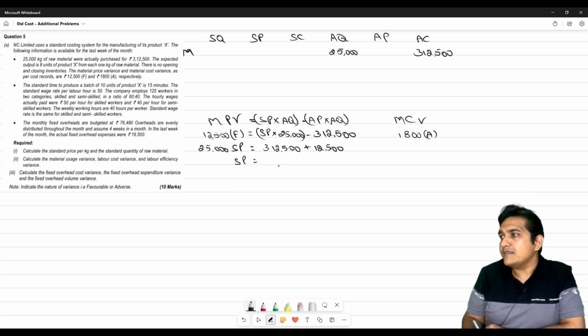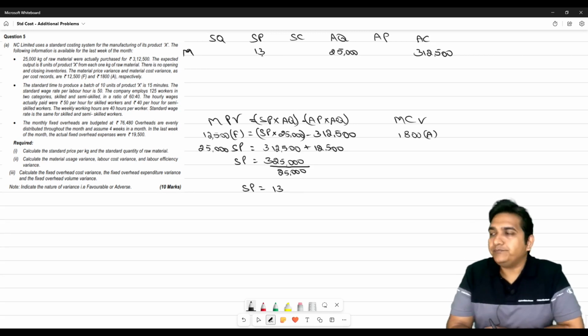So standard price will be equal to 3,25,000 divided by 25,000. Standard price is equal to 13. So we have calculated our standard price, which is 13.